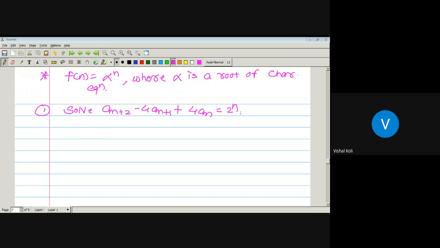As here f of n is nothing but 2 raised to n, and from our given recurrence relation we can see that 2 must be the root of the characteristic equation, and in that case we know what the trial function should be. We just have to put the trial function in the given recurrence relation, then we will get the constant values in our trial function. Whenever we put the values of those constants in the trial function, we will get our required particular solution. First find out the homogeneous solution.